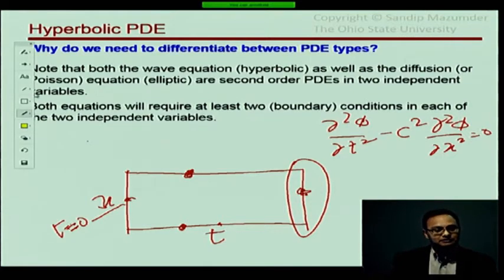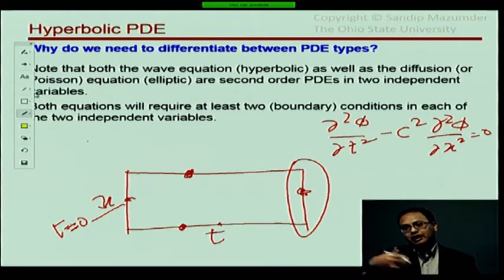Because the physics of hyperbolic equations is such that downstream information never affects upstream information. In other words, what is happening in future time does not affect what's happening before. That's the physical explanation. What's going to happen 100 years later is not affecting what's happening now. It's the other way around.